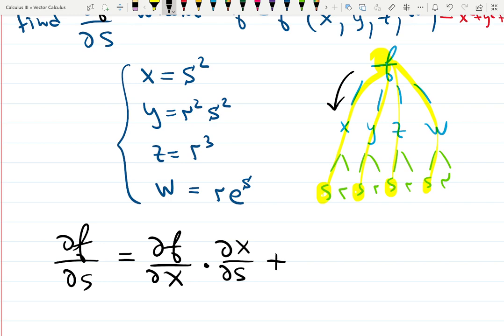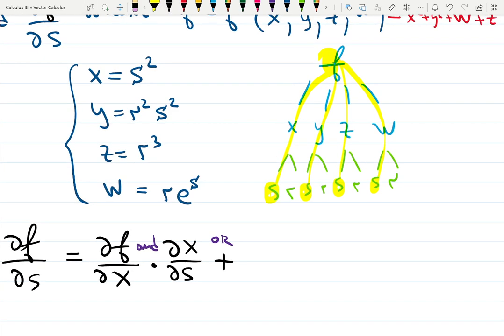Then I say or. See the difference; it's actually logical. If you take discrete math, you know and is product, or is a sum. There's one more opportunity: you can go to the pocket named y. Derivative of f with respect to y, and then you dig deeper, y with respect to s. Do you understand this? This is how I see it. I don't need a formula to create this from scratch, and that's why I like it.